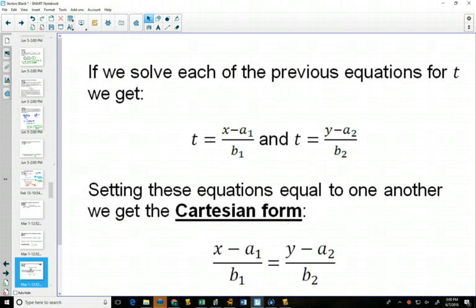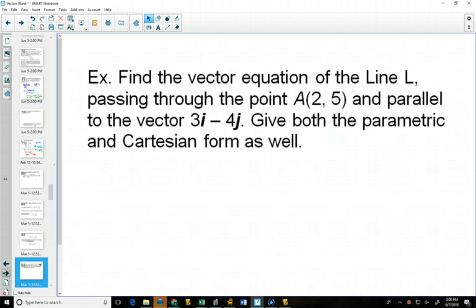So here we've got 2 dimensions. So we could think of this back in our old mathematics of y equals mx plus b. We know that it goes through the point 2, 5, and it's parallel to the vector 3, -4. So 3, -4 is our direction vector.